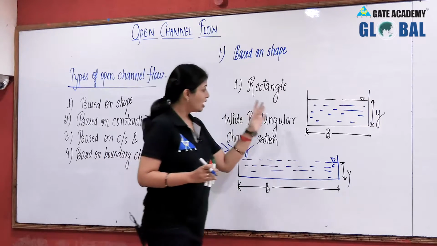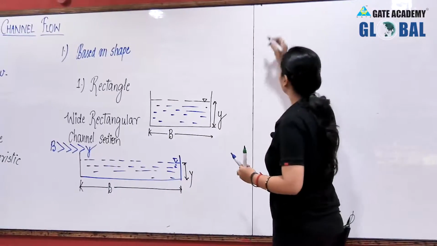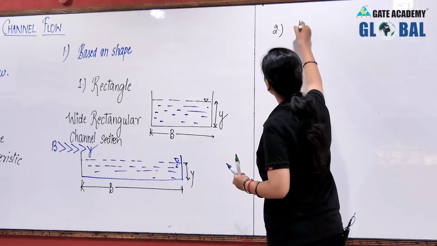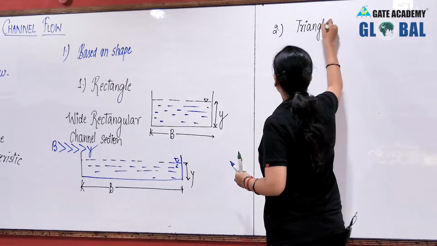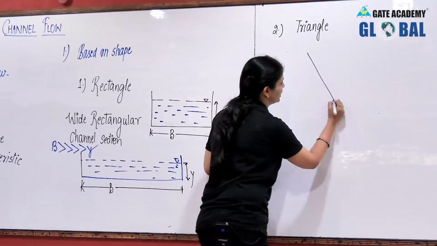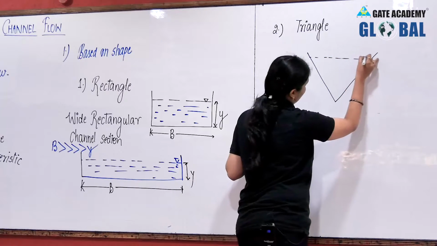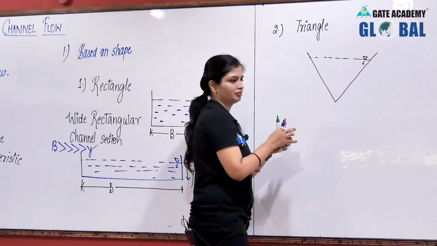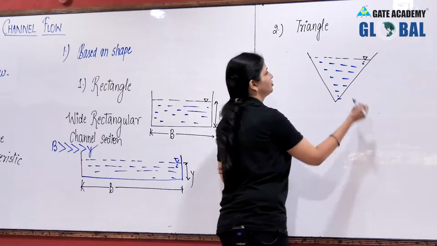Now after this rectangle, the second shape is your triangle. Now how can a triangular channel section be drawn? This is something like this. This is triangular channel section.